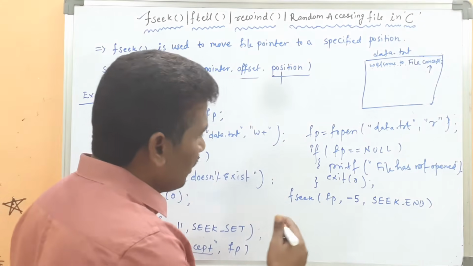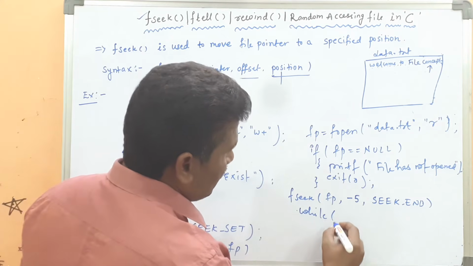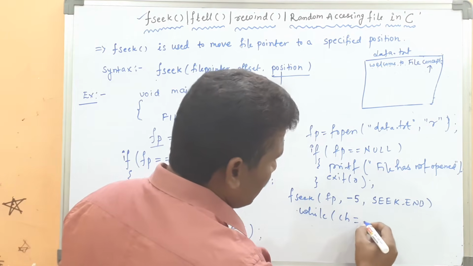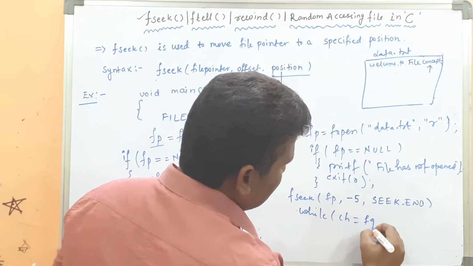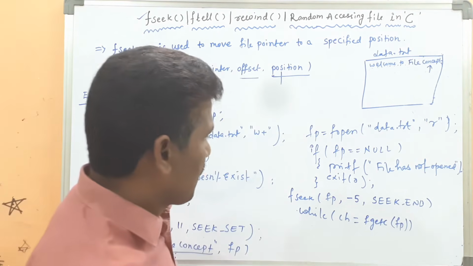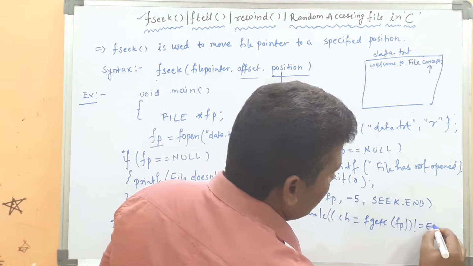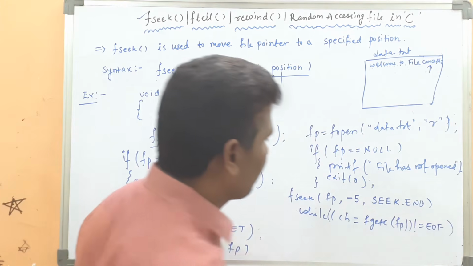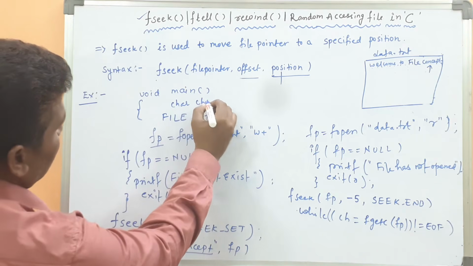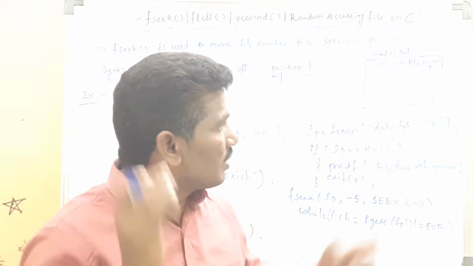To get the data from the file, I will use while, then ch equal to fgetc of file pointer, not equal to EOF. Here fgetc, because we can get a character by character from the file.